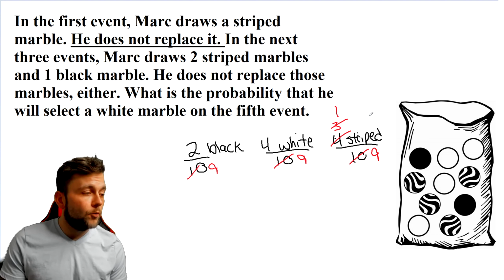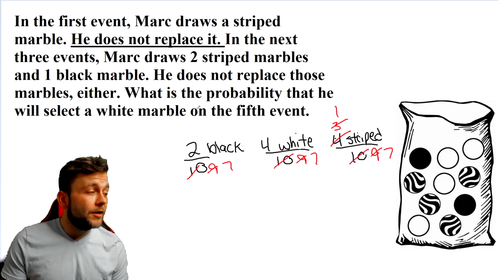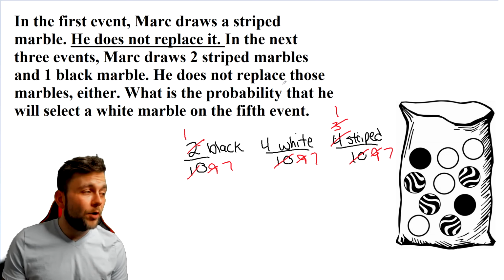So now we're down to 1, and 7, 7, 7. And 1 black marble, 1. He does not replace any of these marbles. What is the probability that he will select a white marble on the 5th event?